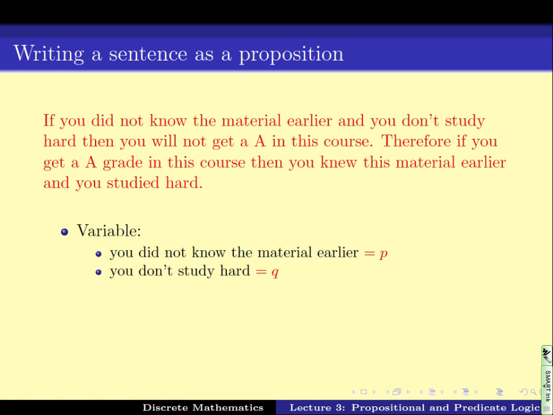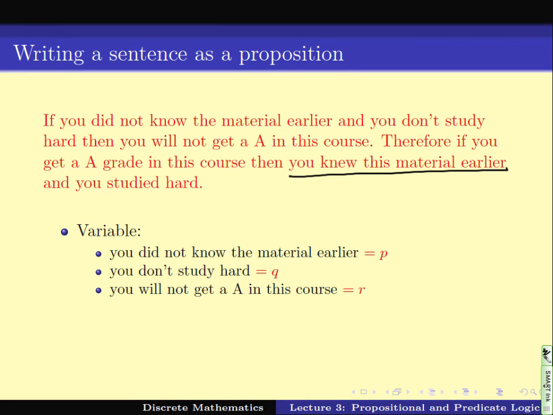What is the third one? The third one is you will not get an A in this course. Let's call this one a new variable R. Now what is the next one? Here is another statement: you knew this material earlier.